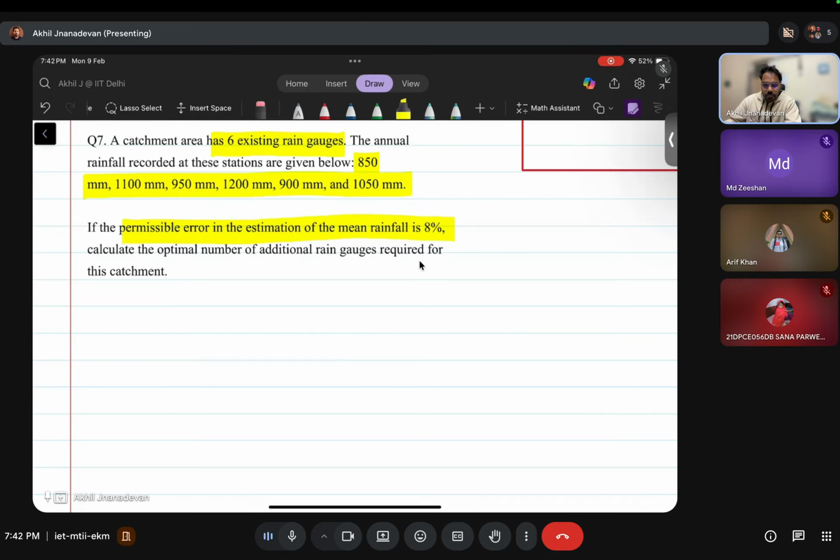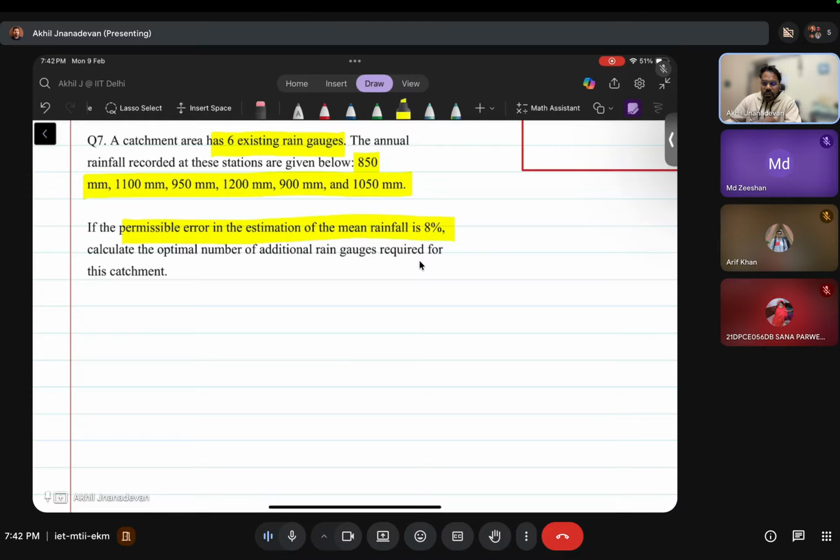So the maximum range is about 250 or 300 mm, right? All values lie very close, so we can say they are homogeneous and six should be enough. We don't need to go higher.